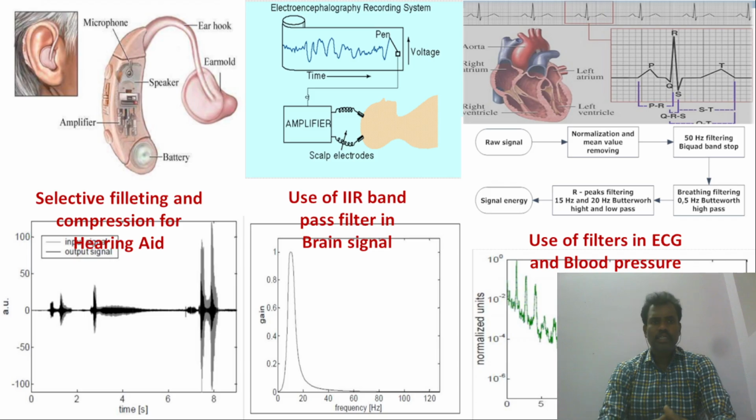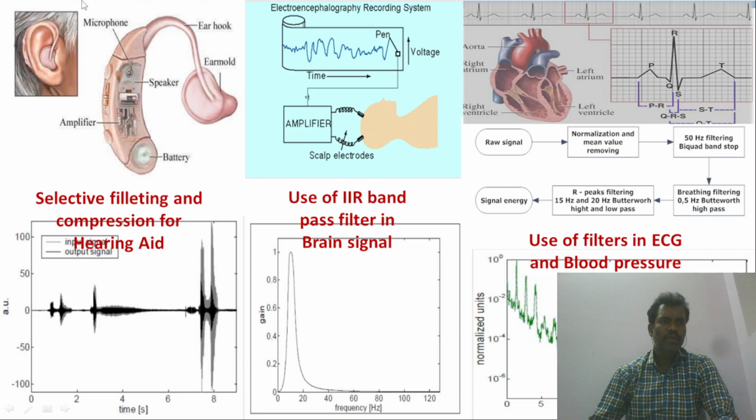So let's have a glance at the applications of digital signal processing. These are some regular day to day life machineries we use for diagnostic and medical purposes. The first one is the hearing aid.